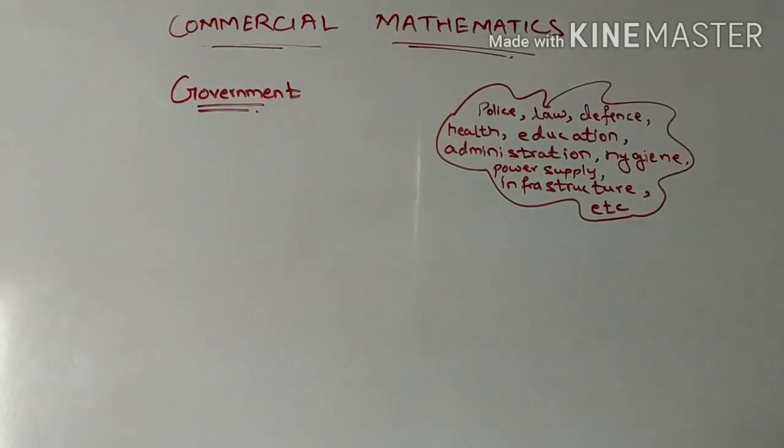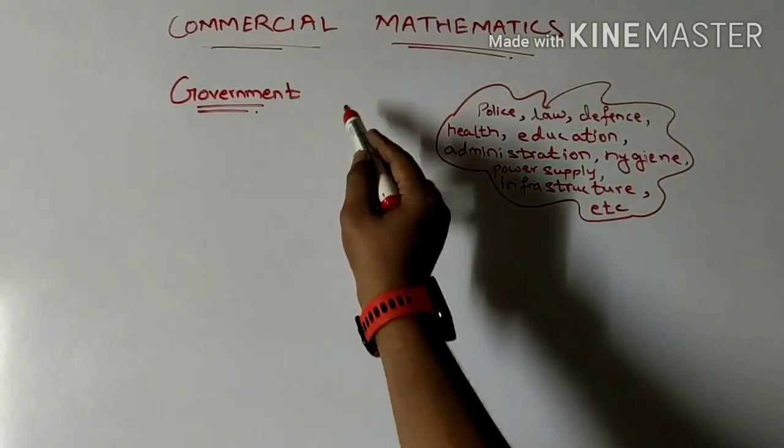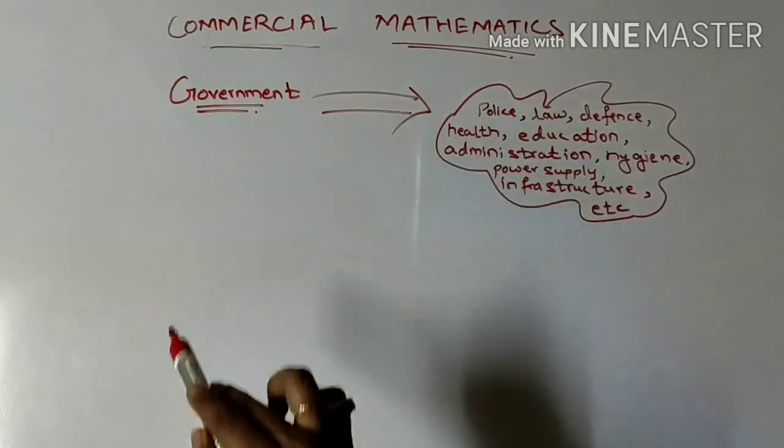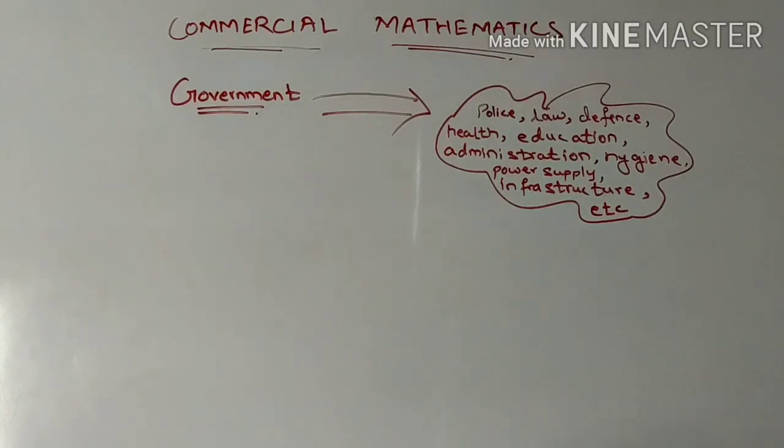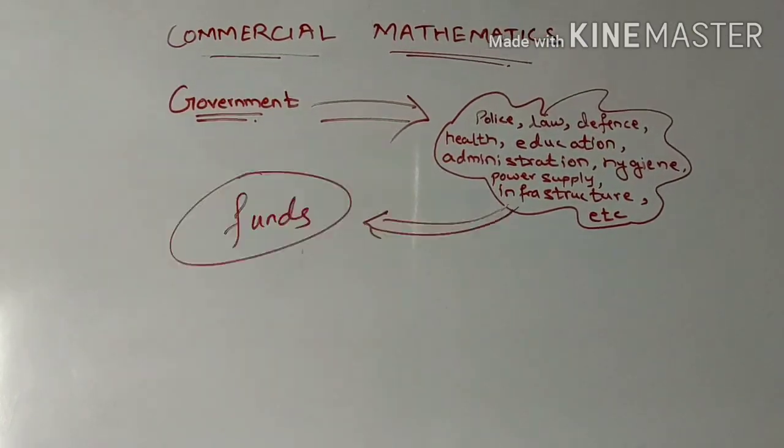Any government of a nation provides various services to its citizens like police, law, defense services, health, education, administration, hygiene, power supply, infrastructure, etc. And to provide such services, government needs funds in terms of money.